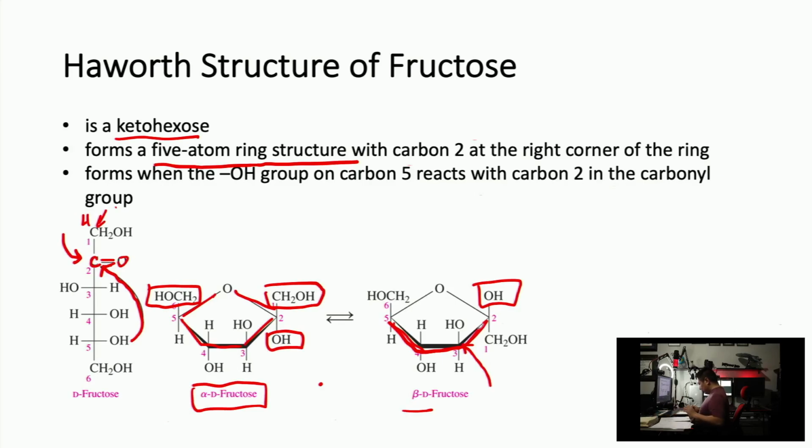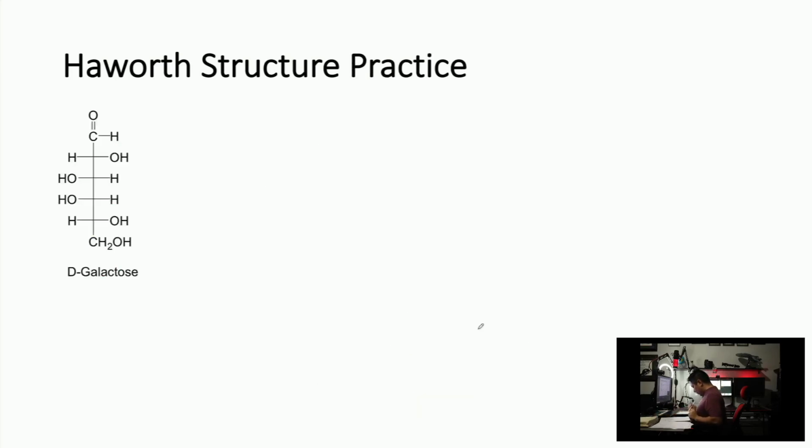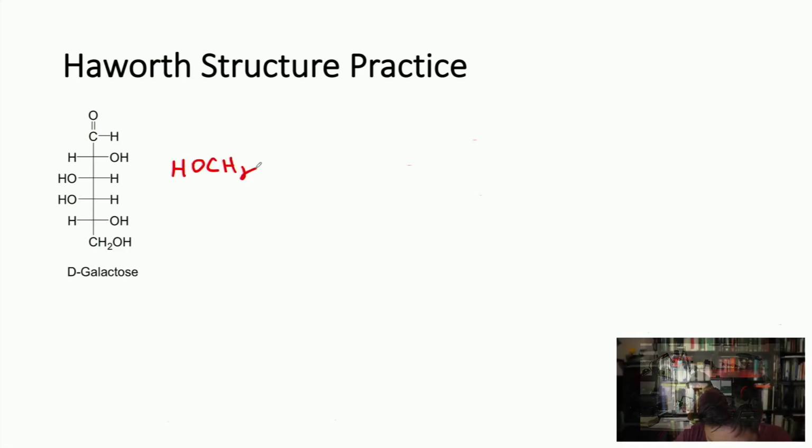So, let's practice a Haworth projection. Or, I always say projection for some reason, Haworth structure, okay? What's the first thing to do? Turn it on its side. You don't have to, but it's more fun if you turn it on its side. Like that, right? There's the CH2OH group. And this is a galactose.